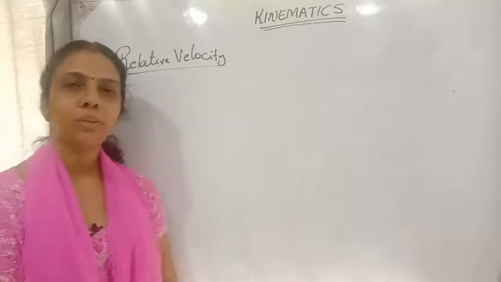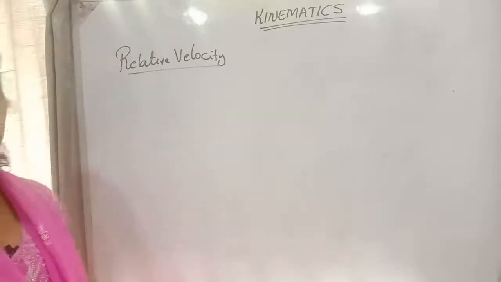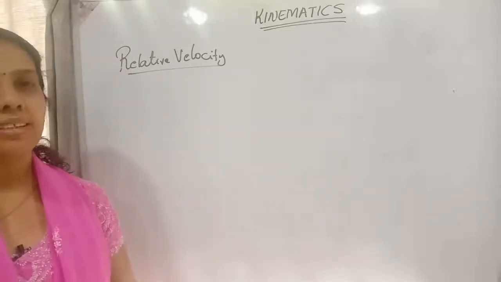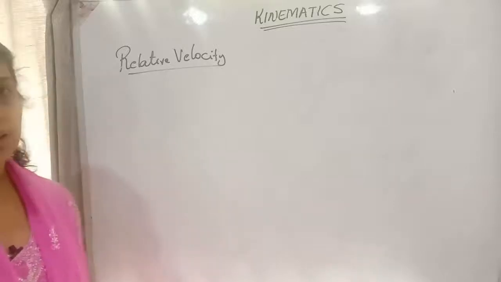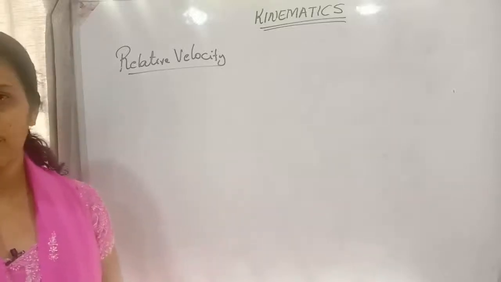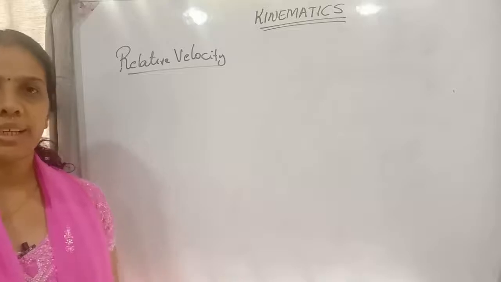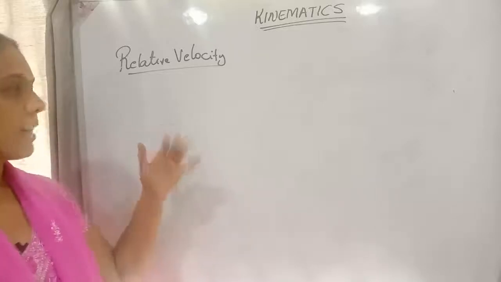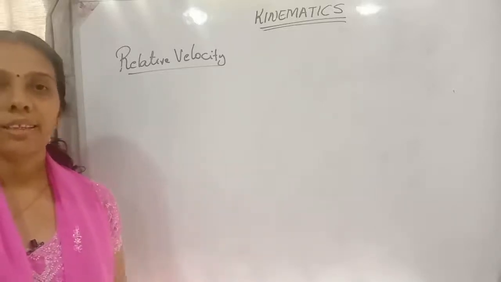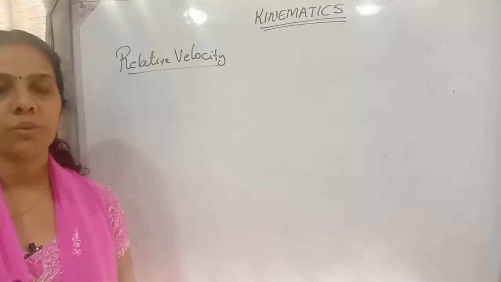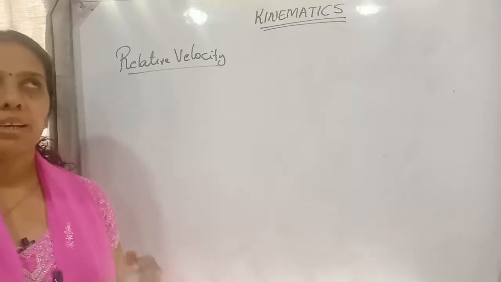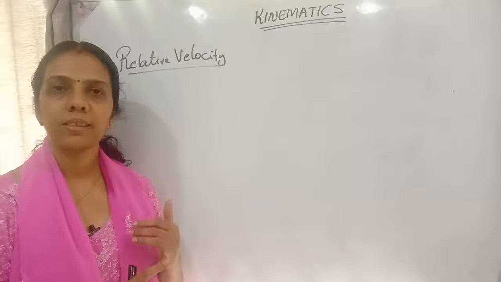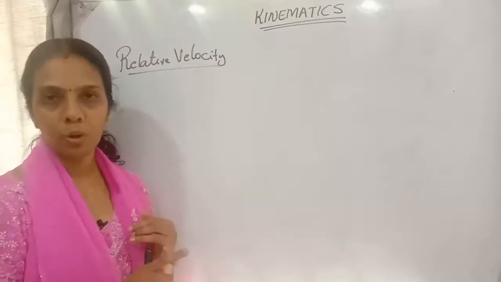In today's video, we are going to continue with the kinematics portion. The topic which we are covering today is relative velocity. From the past 2-3 videos, we were doing this relative velocity only, the velocity of one object with respect to another. There we considered rain-man problems.